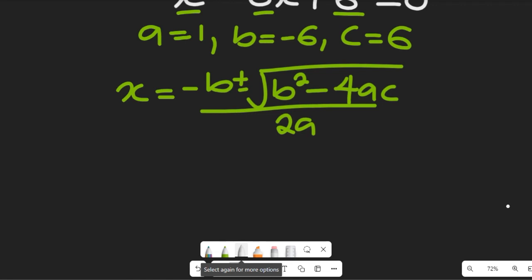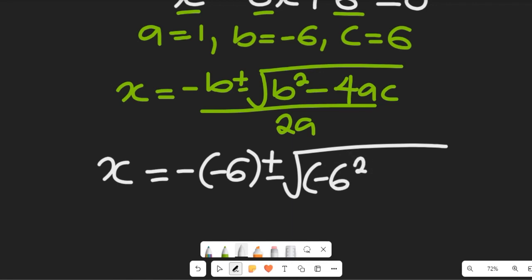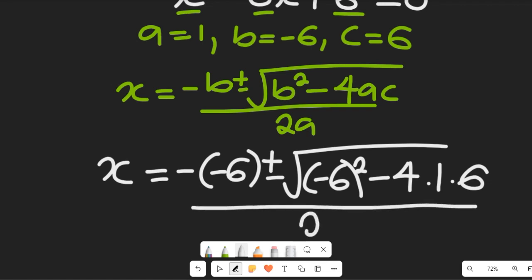So if we insert the values of a, b, and c, our x will be equal to negative multiplied by negative 6, plus or minus the square root of negative 6 squared minus 4 multiplied by 1 multiplied by 6, and all these will be divided by 2 multiplied by 1.